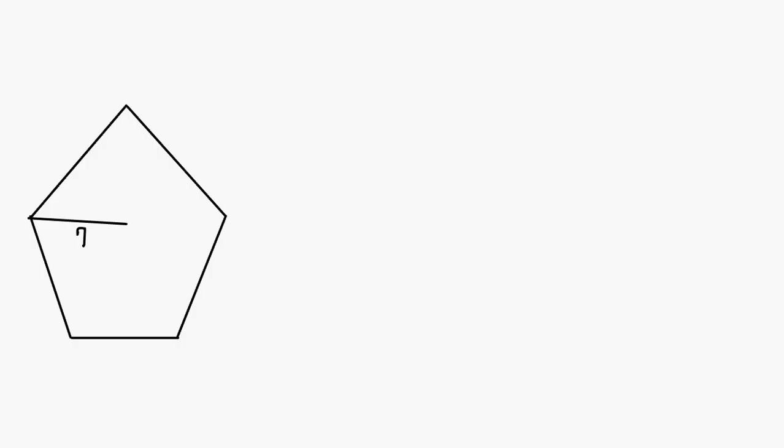And your area formula is 0.5 times apothem times the perimeter. All right, you got the shape, you got the formula written.